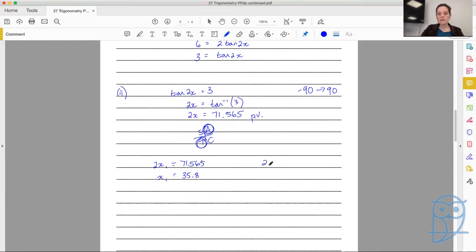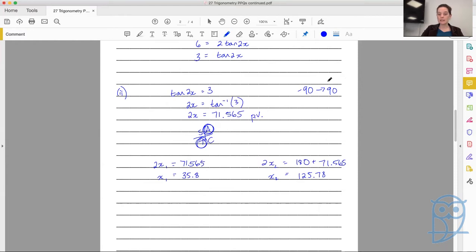Okay, so the other solution from our CAST, 2x2, is going to equal 180 plus PV, 71.565. So x2 is going to equal 180 plus 71.565, then all divided by 2, which gives us 125.78. Now this is outside our domain.